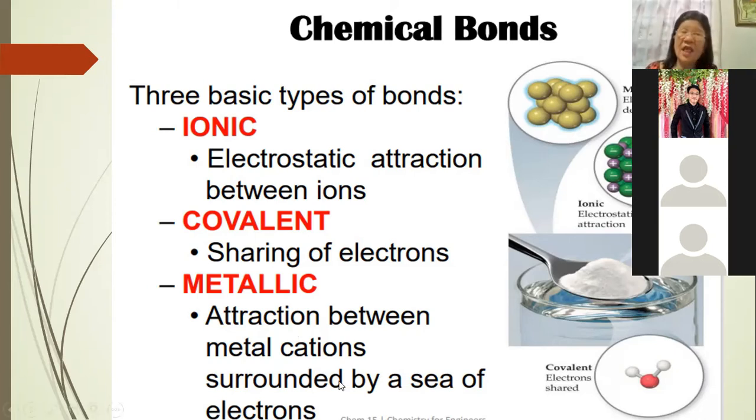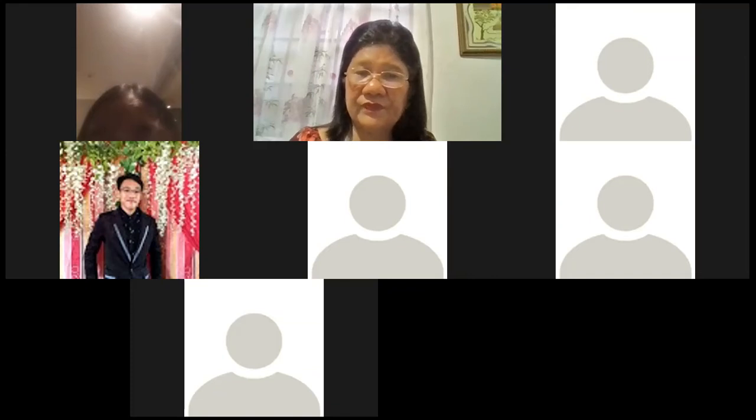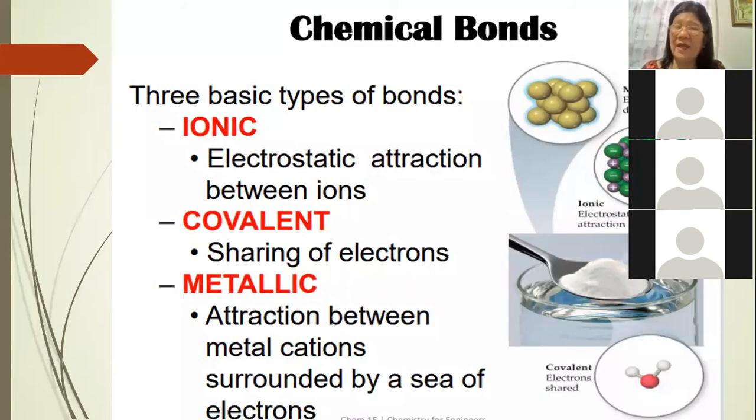The next type of bond is covalent. The second type of chemical bond is covalent, which shares electrons.